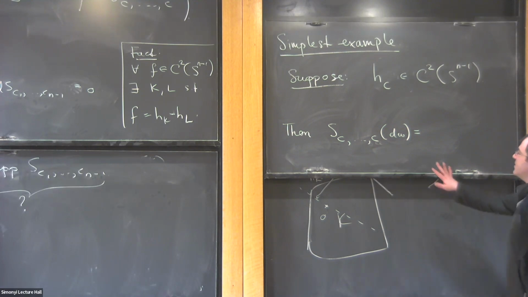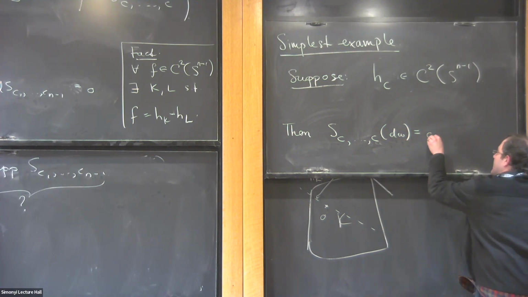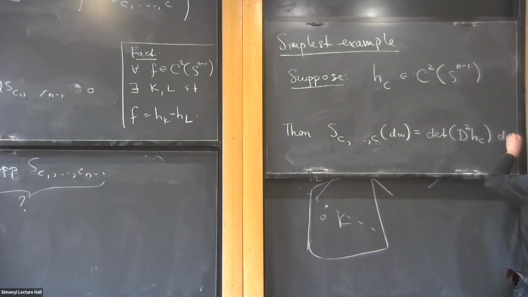In this case, this measure has a density with respect to the uniform measure on the sphere. And the density is nothing else than the determinant of the Hessian of h_C. When I write d omega like this, I just mean the uniform measure on the sphere. So this is an absolutely continuous measure, and its density is the determinant of the Hessian. Now, we have to worry a little bit about what I mean by Hessian.